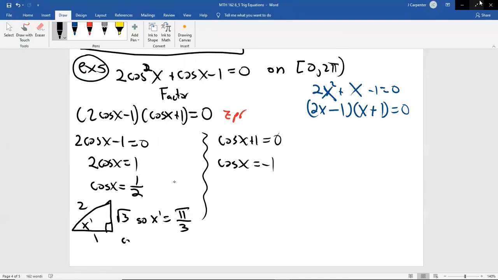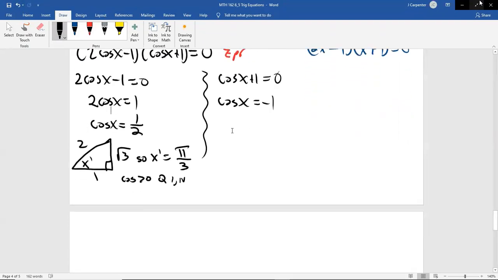Now cosine, this is a positive half. Cosine's positive in quadrant 1 and 4 based on a smart trig class. So that says the prime angle, the reference angle, is the first one. But the second one we'll have to put in quadrant 4. So we put our reference angle in quadrant 4.